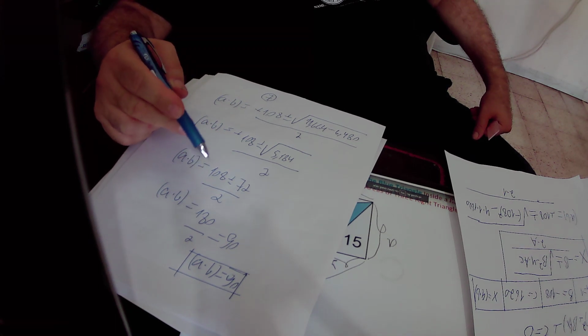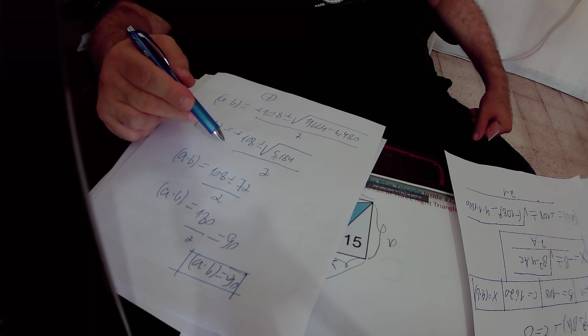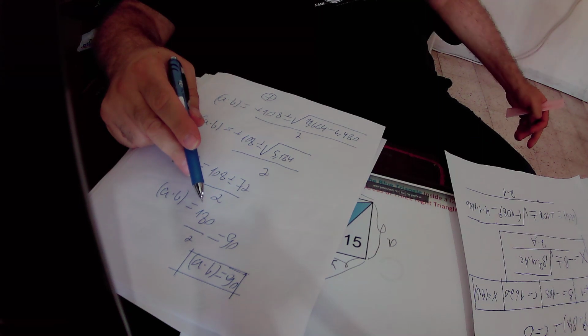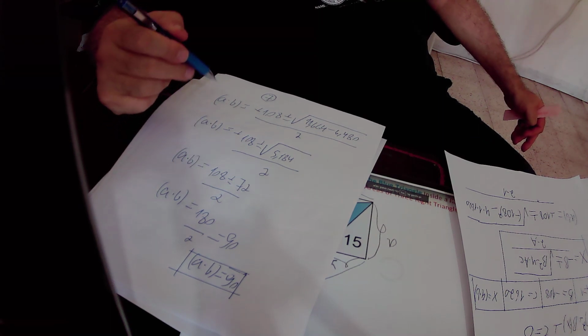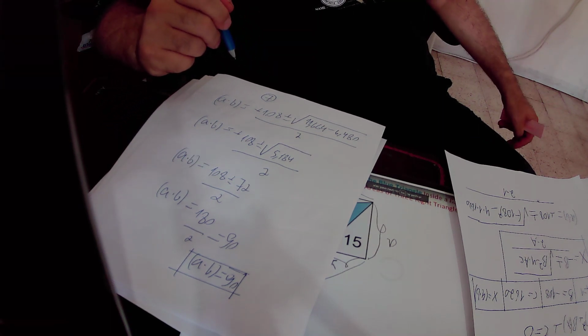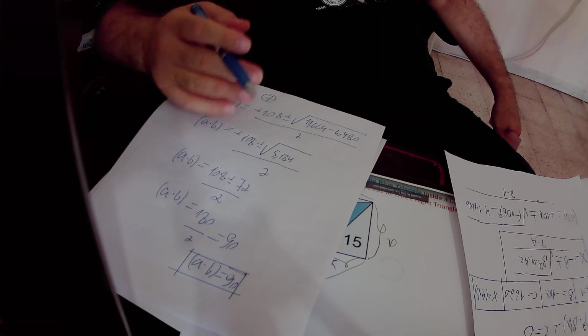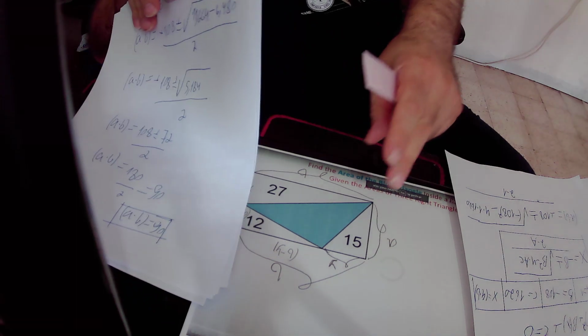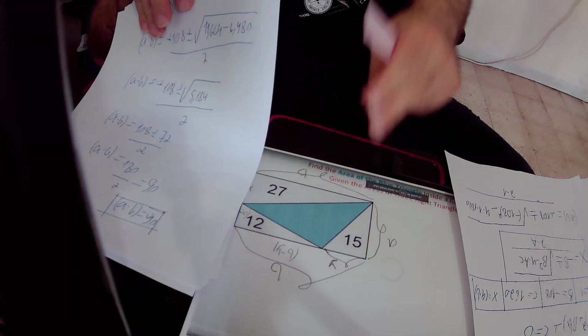So the first solution for a times b is 90, or this is the first root of our quadratic equation. That is to say, the area of this rectangle is 90 units.